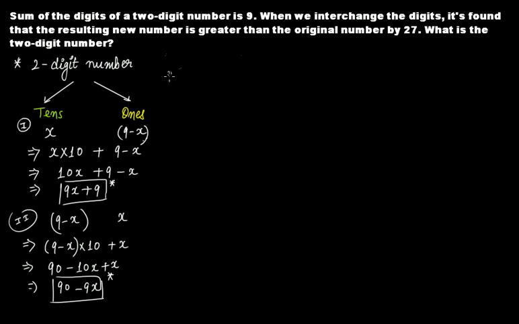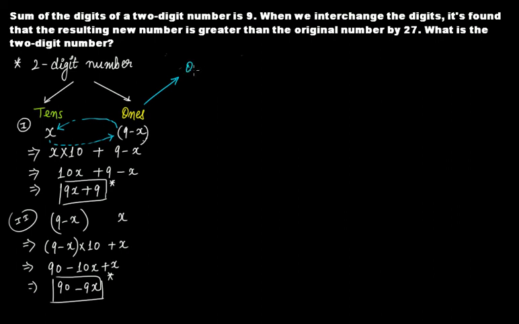Now let's take for this first one. When we interchange the digits, it is found that the resulting new number is greater than the original number by 27. When you interchange the digits, so if you bring this x at the ones place and 9 minus x at the tens place, tell me, isn't it the same thing like this one? Yes. So if your original number was 9x plus 9, we are solving for this first case.